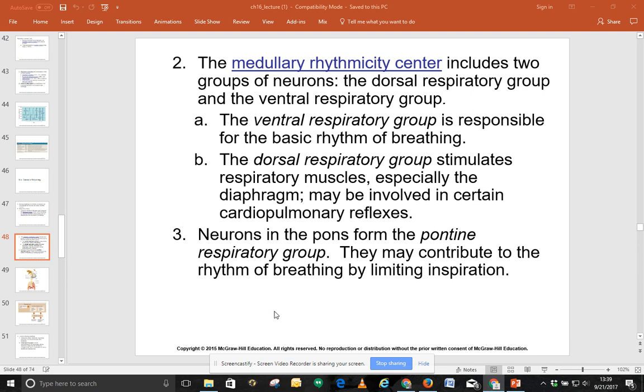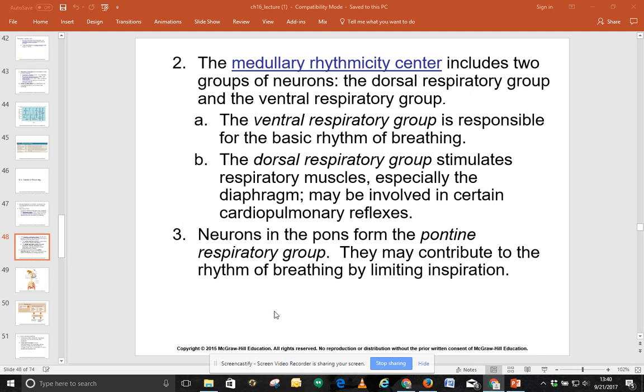The medullary rhythmic center includes two groups of neurons. Now, these neurons are the dorsal respiratory group and the ventral respiratory group. Now, the ventral respiratory group is responsible for the basic rhythmic breathing. The dorsal respiratory group stimulates the respiratory muscles, especially the diaphragm, and it may be involved in certain cardiopulmonary reflexes.